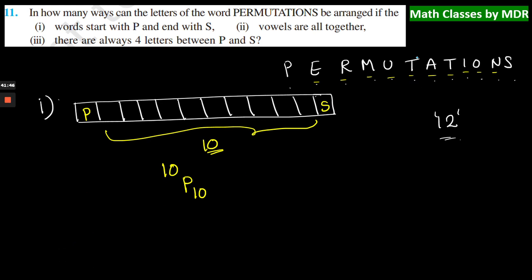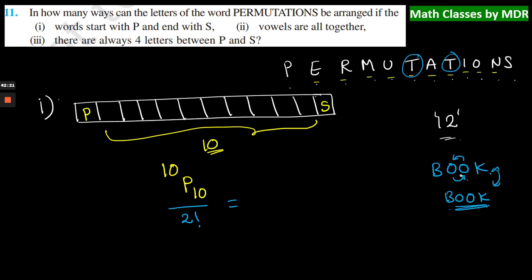Let's see. T is repeated twice. Are there any others? No, that's it, only T. So we have to divide by 2 factorial, to avoid counting words that are the same. Suppose you see the word book. Whether you write O here or O here, the meaning remains the same. The positions remain the same, so it is not different.